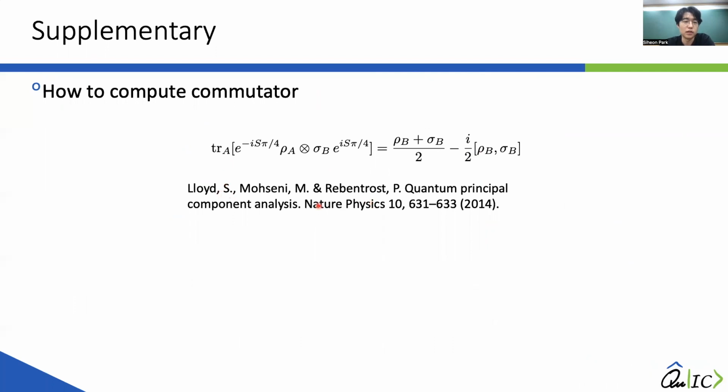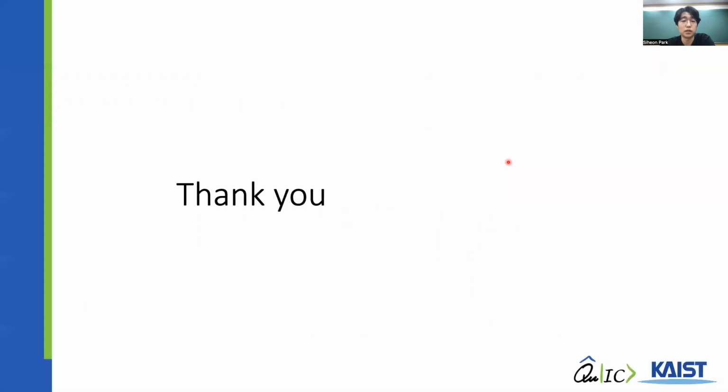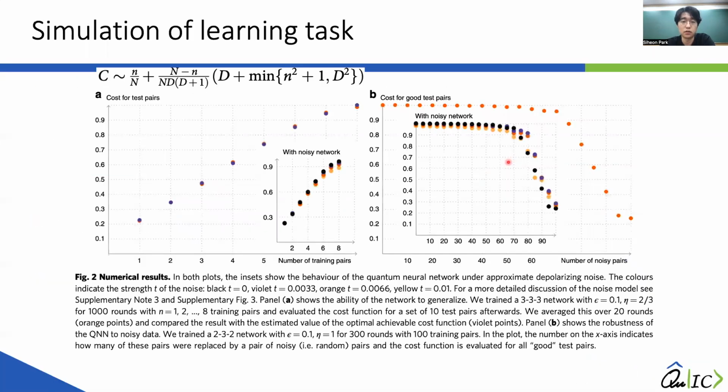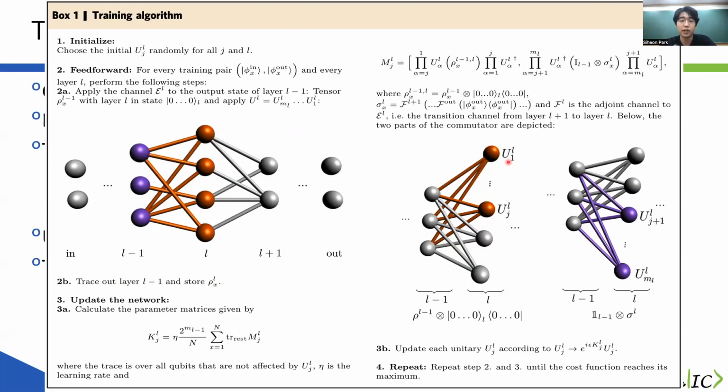From this paper, there's a trick like this. If you apply this trick, you can actually calculate the commutator. So that's how we're actually implementing this algorithm on a quantum machine. But if you're just considering a classical simulation, we don't need to really consider it, right?